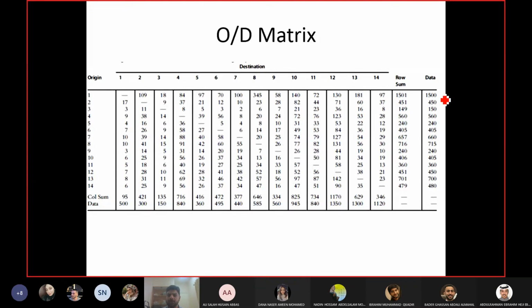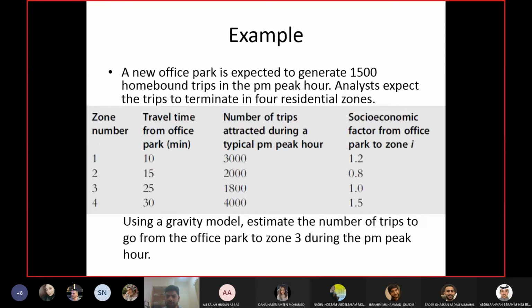And this is the total number of trips which are produced from each zone. Let me go back.